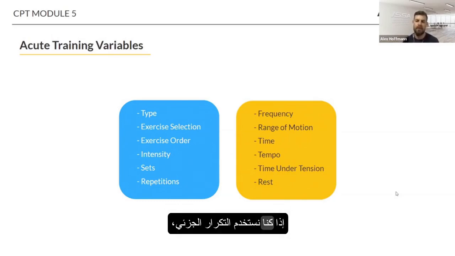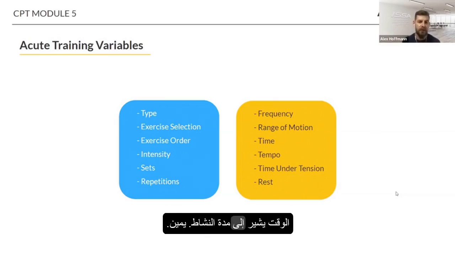So if we're using partial repetitions, or we're only moving through a short range of motion, that means the muscle is only getting stronger through the specific movement pattern that it's working in. So if we want to get stronger throughout the joint's entire movement pattern, we need to make sure that we're using the complete range of motion with our exercises.